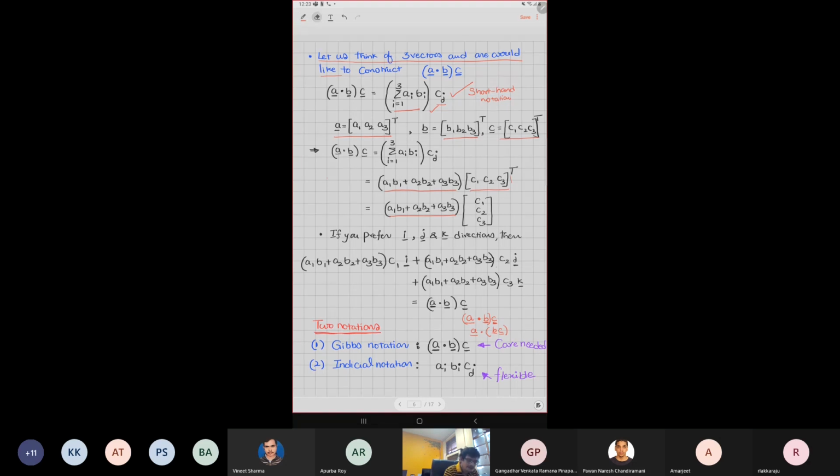For example, if I am going to show you A cross B dot C. Is it a permitted operation? It depends on how you are going to write it. If you are careful enough, you will put it in that way or you will calculate that.